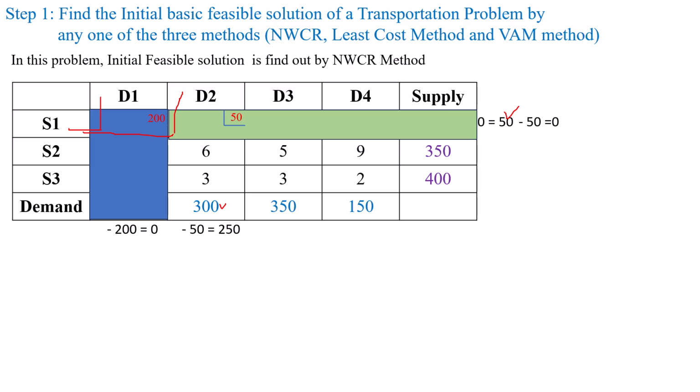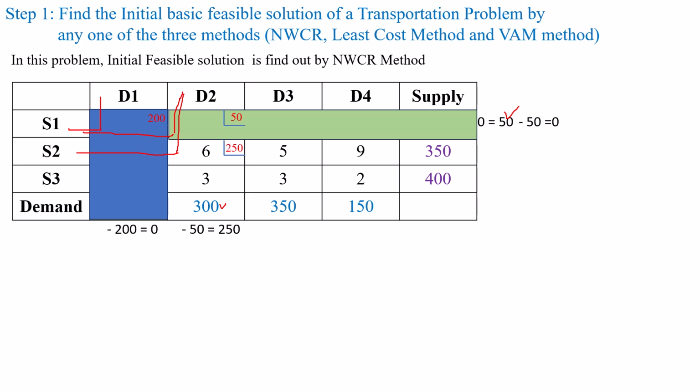Next, select the northwest corner cell, that is the S2 row and D2 column. Then allocate the minimum value of the supply and the demand. Here supply is 350 and demand is 250. Among these two, the minimum value is 250.